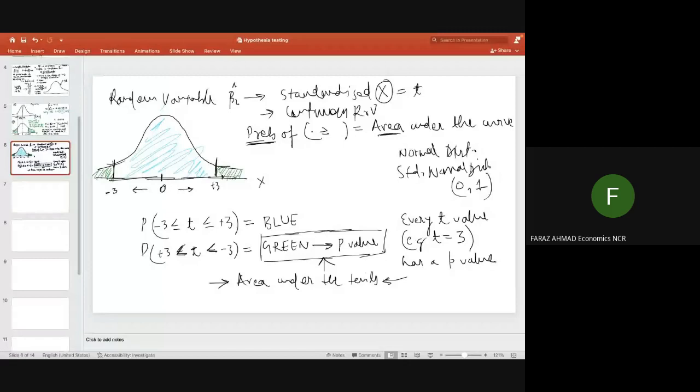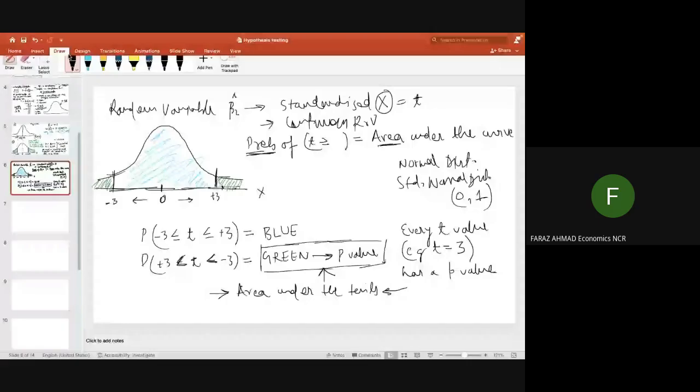So I was talking about a random variable beta 2 hat, and then I converted it into a t, and then I'm talking about probability for a given t value.